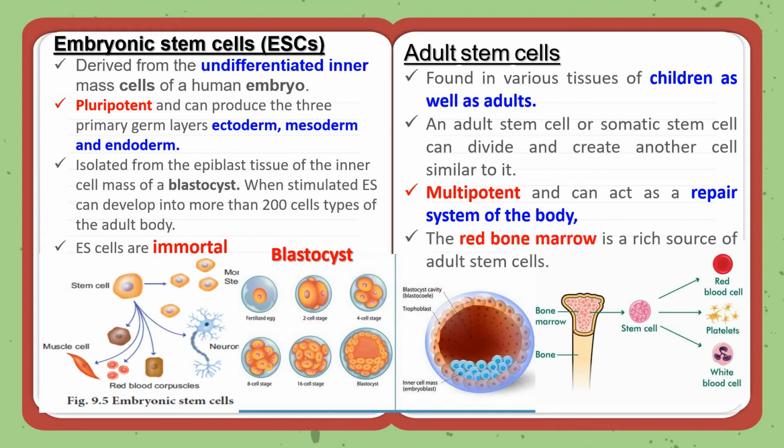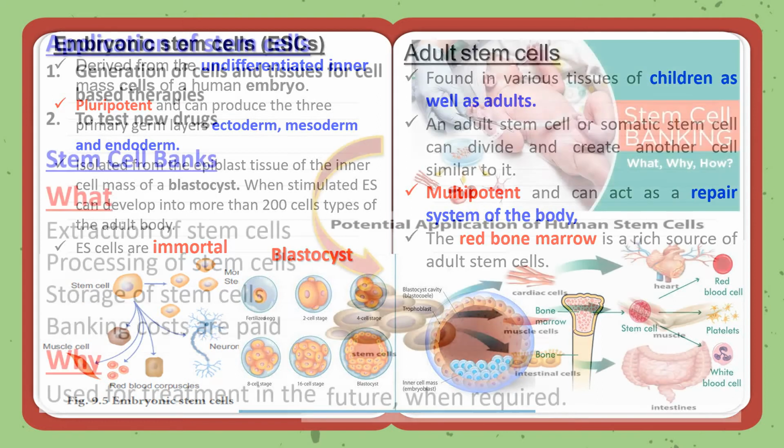The adult stem cells, we can say, can act as a repair system of the body. So whenever there is a repair required, the multipotent nature of the adult stem cell can rectify the problem. The red bone marrow is a rich source of adult stem cells.